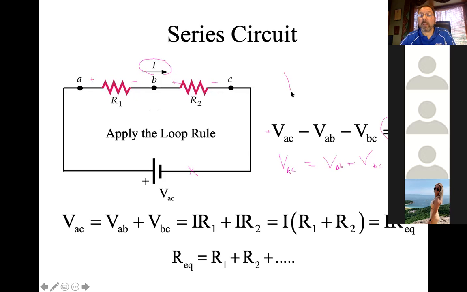Either one of them, their voltage is given by Ohm's law, which is the voltage across an element is the current going through the element multiplied by the resistance of the element, in this case, resistors, okay? So that means that the voltage AB across resistor 1 is current times resistor 1, and the voltage across BC is current times resistor 2, okay?